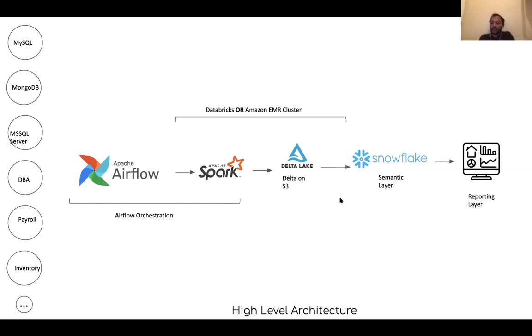Unless this is a streaming system, this is frequent batch. If you have a streaming batch, then you don't care. You just keep pulling the data as it is changing and process data at the S3 bucket in Delta Lake. And then you have a semantic layer, where you can have your aggregated and processed data warehouse wherever you want, and Snowflake can serve that purpose for you.